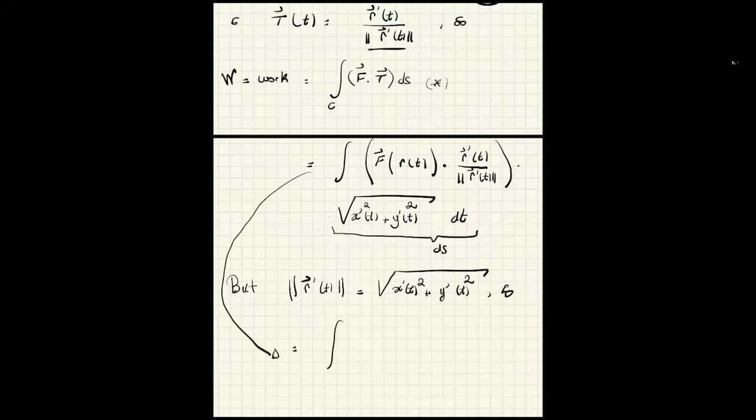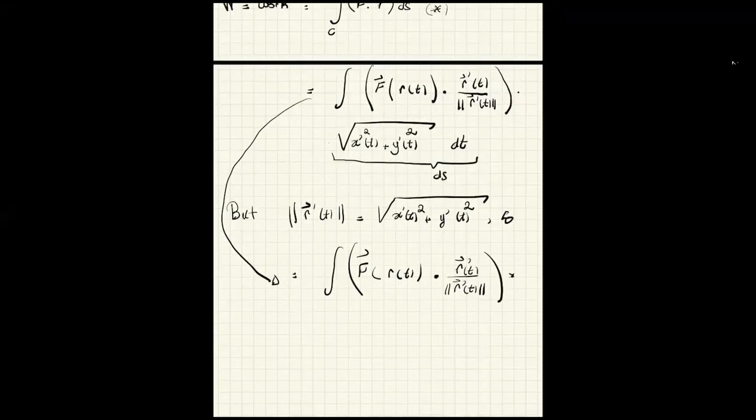So this is equal to the integral of F evaluated at the point r(t) times r'(t) divided by the norm of r'(t). Okay, here it's very important to know what you're doing. It's the scalar product of two vectors, times a number, which is the norm of the vector r'(t), times a number dt.